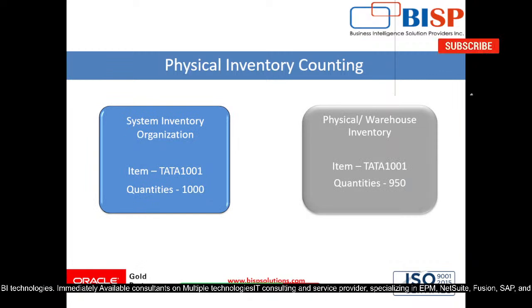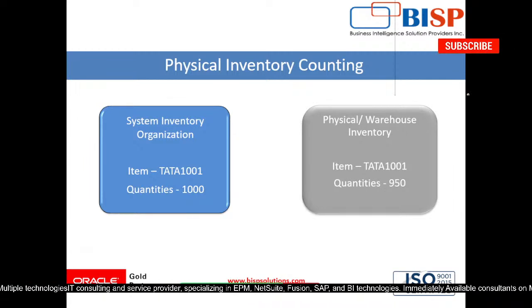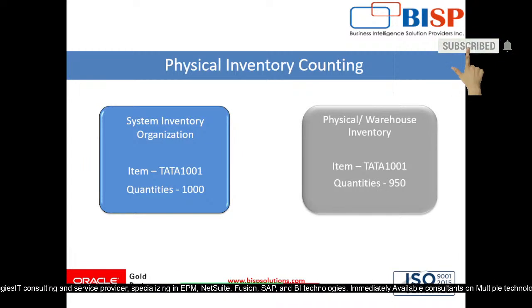So suppose in our physical inventory counting we have the system inventory organization and the physical, you can say the warehouse inventory, right? So suppose in our system inventory organization we have 1000 quantity of this respective item, that is Tata 1001.